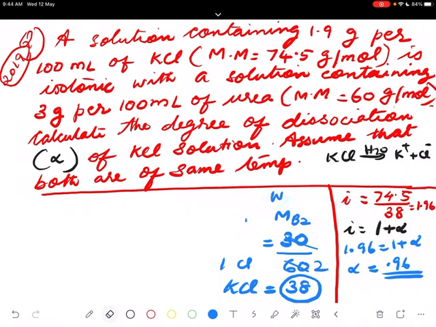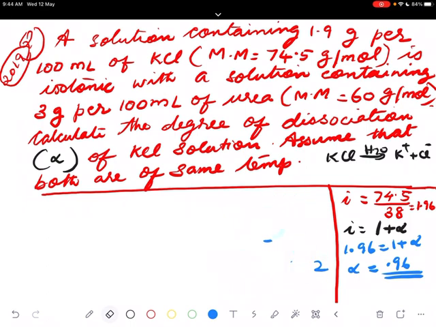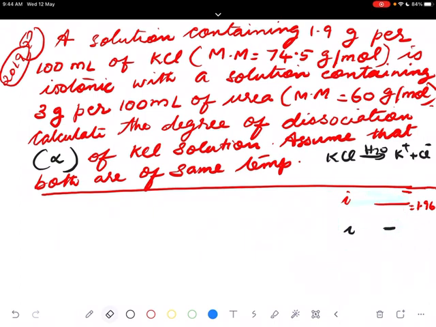So this I have done in three parts. If you want to do it in a single step altogether, including that i, C1RT is equal to i C2RT. Then you can calculate.